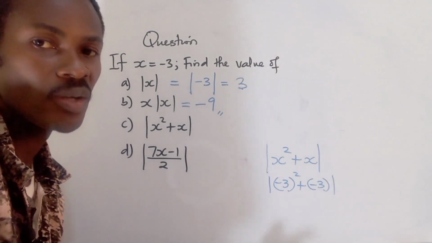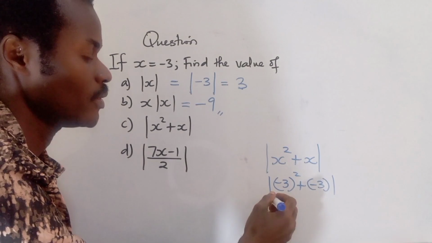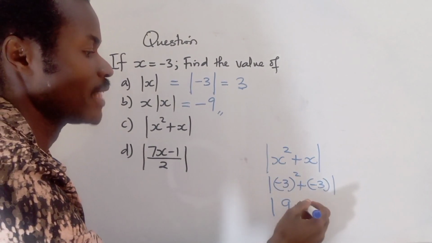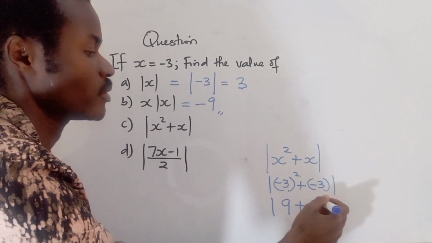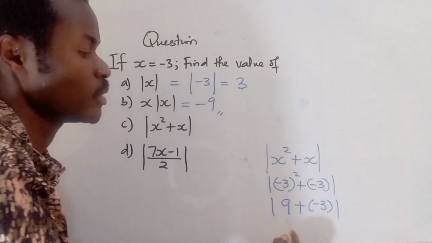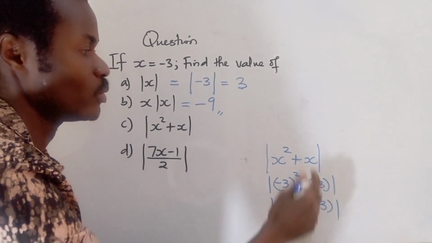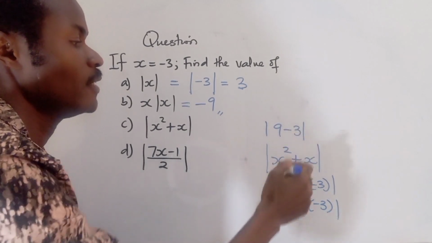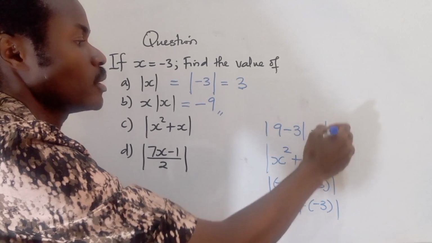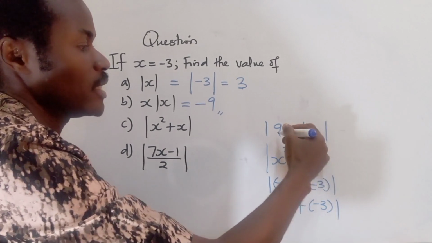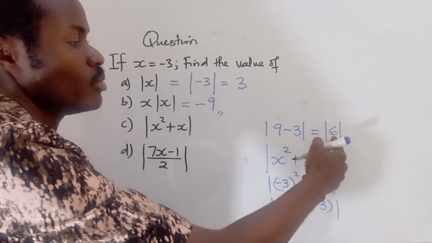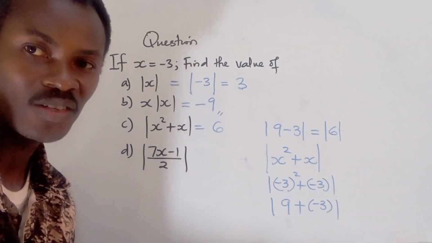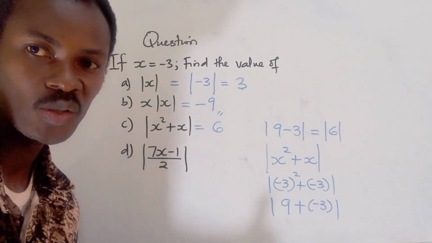Minus 3 squared is going to give us 9. So we have 9 plus minus 3 in bracket. 9 plus minus is minus, so we have 9 minus 3. This gives us the modulus of 6, which is 6. So that gives us the answer to the third one.